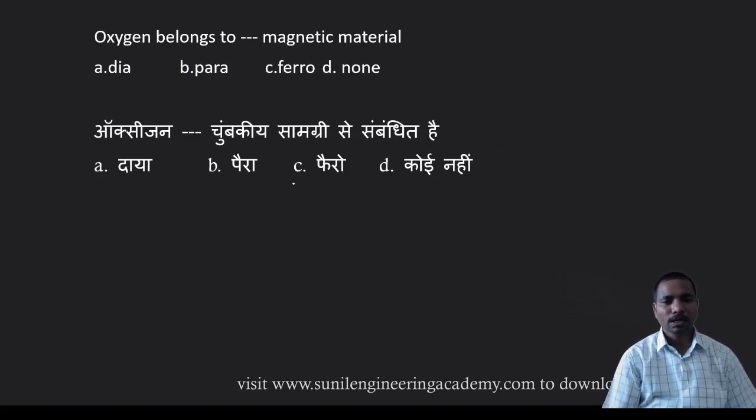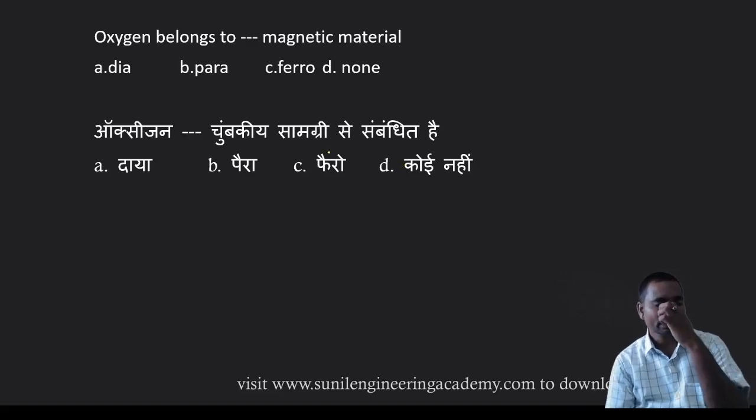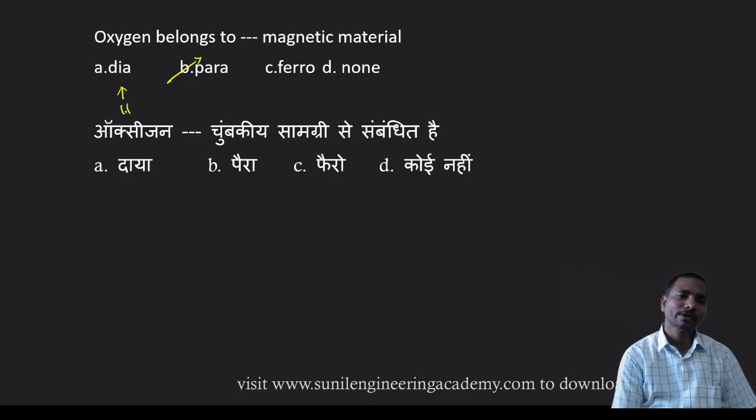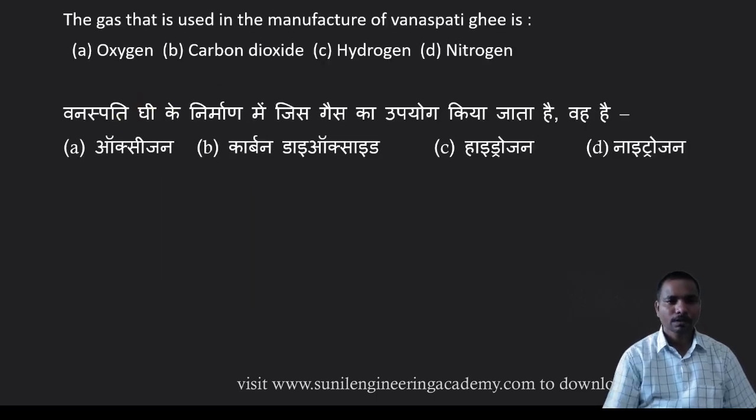And oxygen belongs to dash magnetic material. In physics, magnets and magnetism are given in detail about this. So oxygen is paramagnetic. If they are asking hydrogen, hydrogen is diamagnetic. So answer is option B, paramagnetic. The gas that is used in manufacturing of vanaspati ghee, most repeated bit, that is nothing but hydrogen.